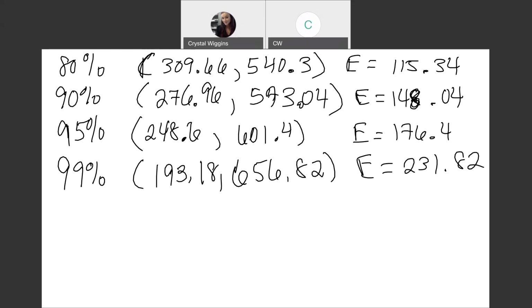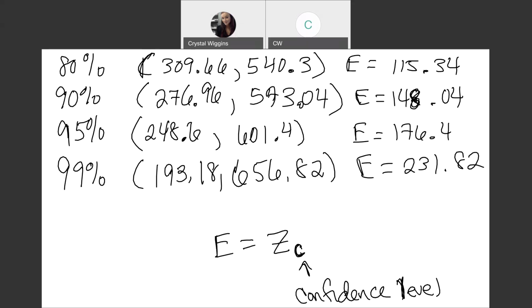The margin of error formula is this critical value that is dependent on, we'll put Zc, this is the confidence level. Now we chose that over here. These are the confidence levels, okay? And it's this critical value times the standard error.